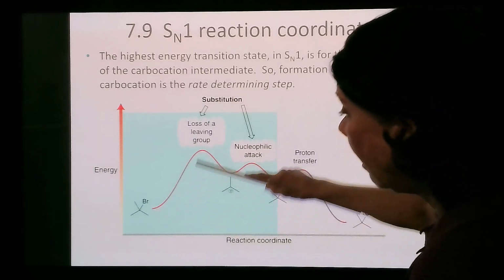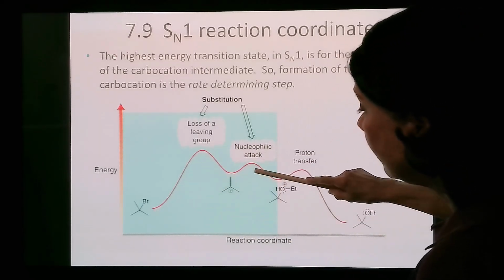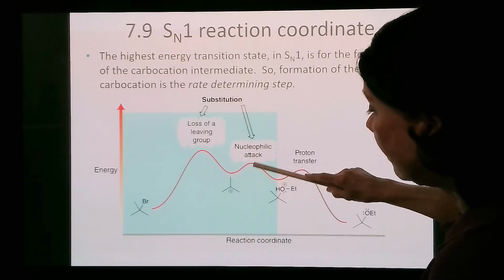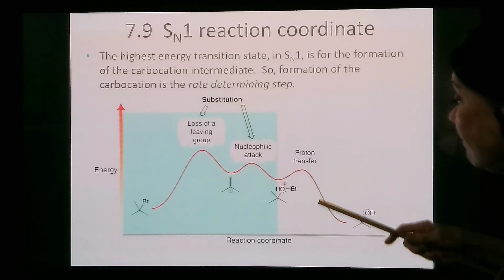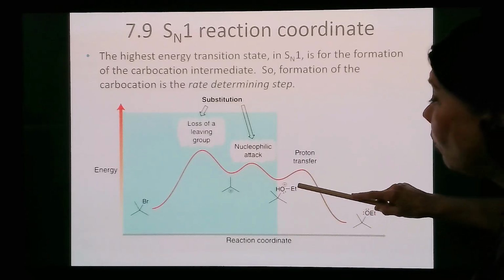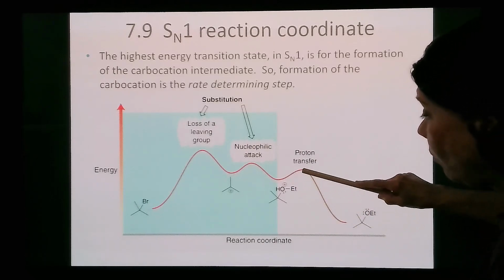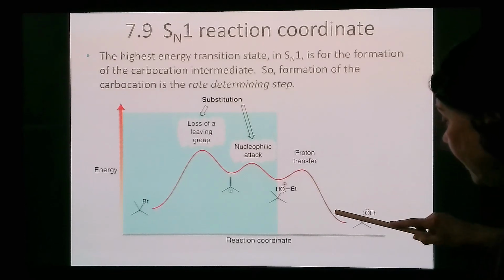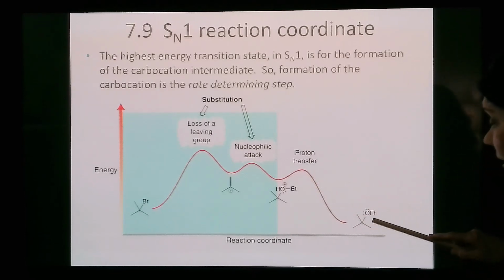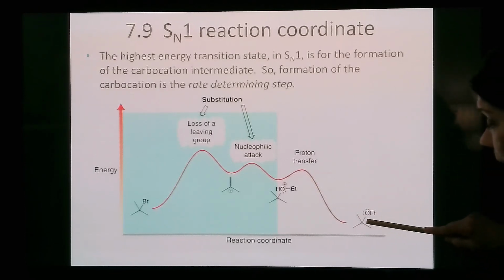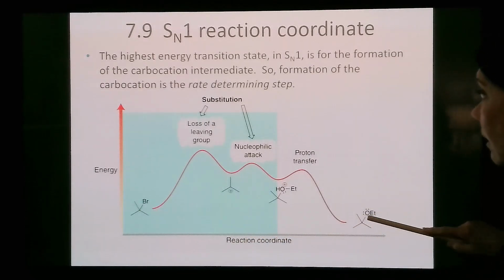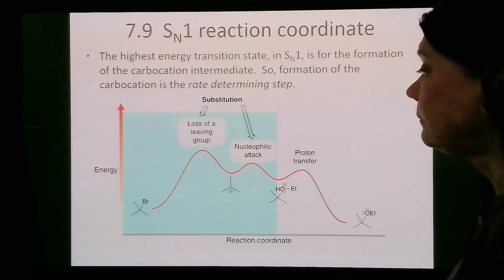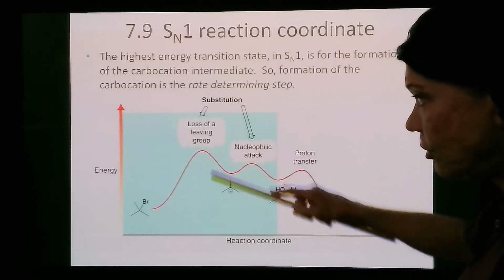This first step has a higher energy of activation; it is the rate determining step. Then you have proton transfer, which again is a very low energy of activation, and then it goes down into this energy well, a very stable product. So you do go downhill in energy. The first step is the rate determining step.